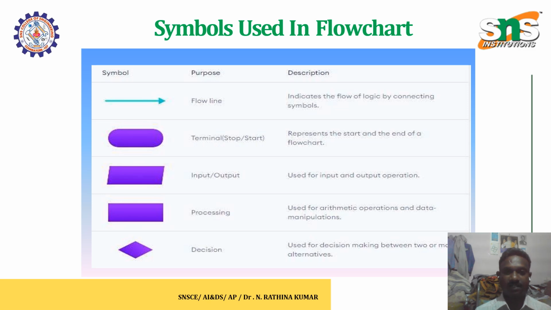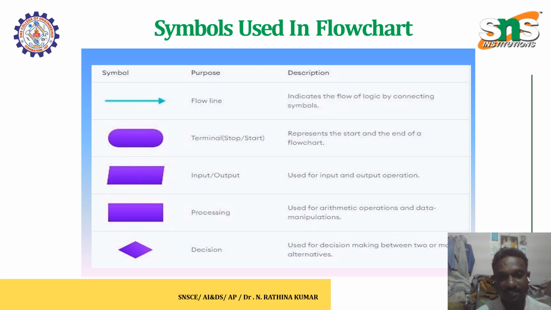Next, we are going to see what are the symbols used in a flowchart. Here you can see three columns. The first column displays the symbols. The second one is the purpose, which means the name of the symbol.